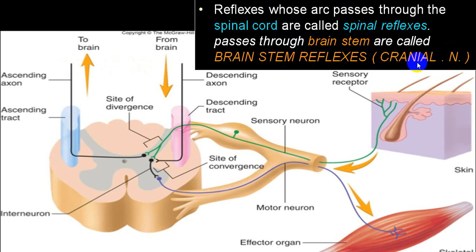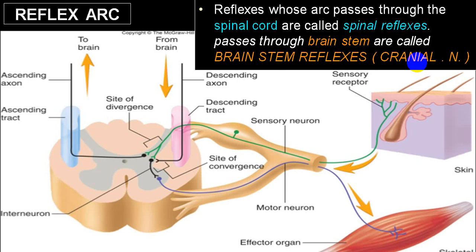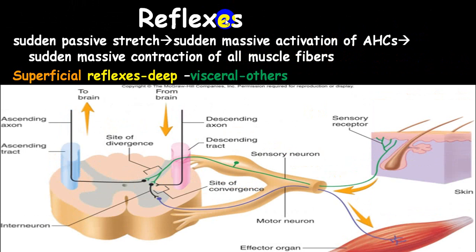There are some classical superficial reflex in a brain stem, or we call cranial nerve reflexes, and some reflexes are concerned with spinal cord, so we call spinal cord sensory reflexes. So superficial reflexes, deep tendon reflexes, we never discuss on visceral reflexes. There are some visceral reflexes also.